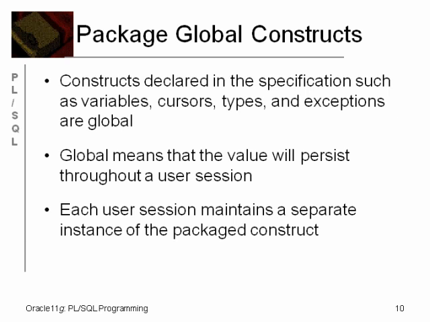Now, by default, package constructs that are declared in the specification are what's called global, or public. Besides being public, global really means that the value persists throughout a user session. Each user session maintains a separate instance of the packaged variable or construct.